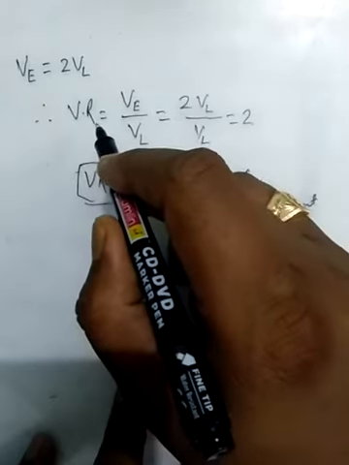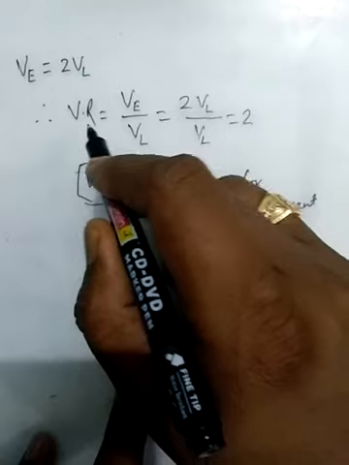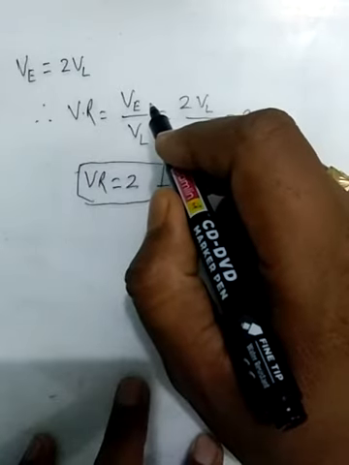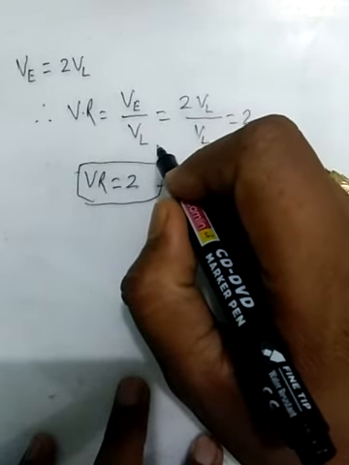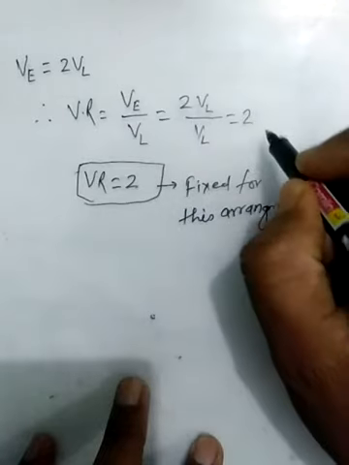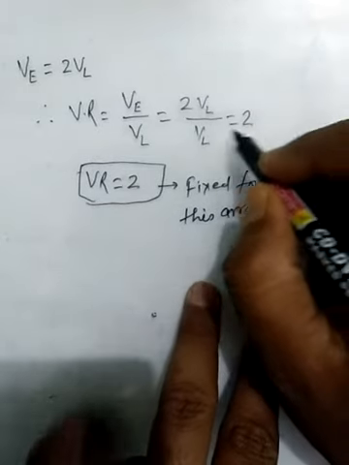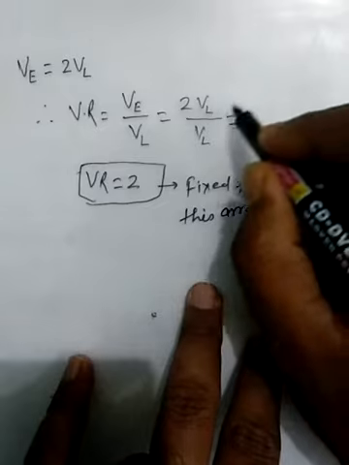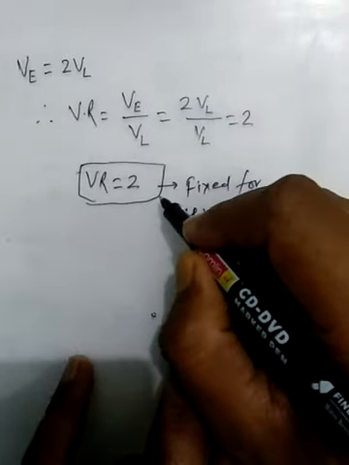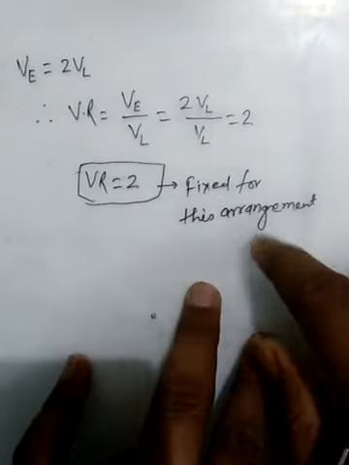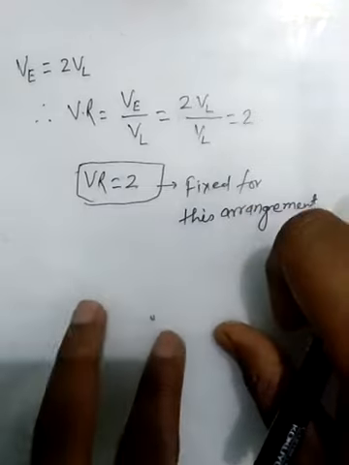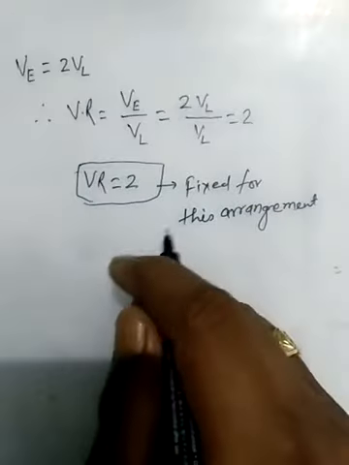From the definition of velocity ratio, we know that velocity ratio is equal to velocity of effort upon velocity of load. Then we find that the velocity ratio for this condition will be 2.